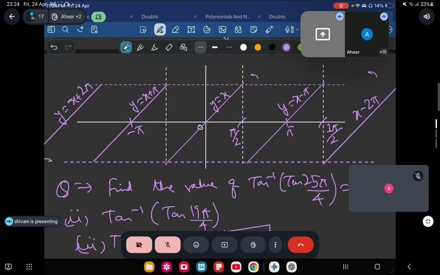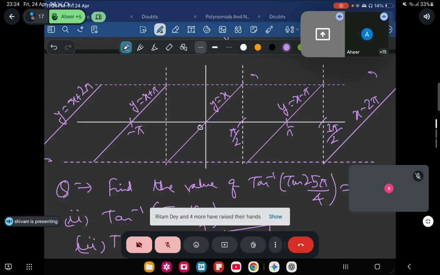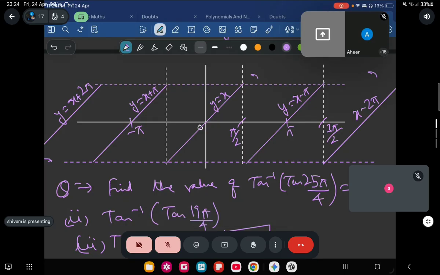What are you saying? It is tan inverse tan of 19 pi by 4. Oh, sir, I thought it was 8. No, no, 19 pi by 4. So tell me. Shamali, tell me. Sir, minus pi by 4.